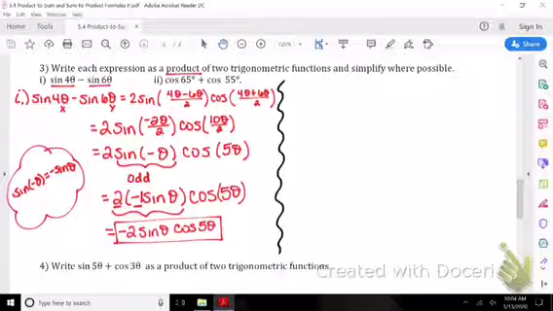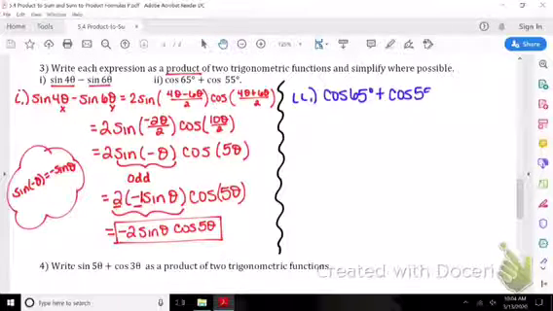All right, let's go on then to part 2 here. So cosine of 65 degrees plus cosine of 55 degrees. So do we have a formula for cosine plus cosine? Yes.